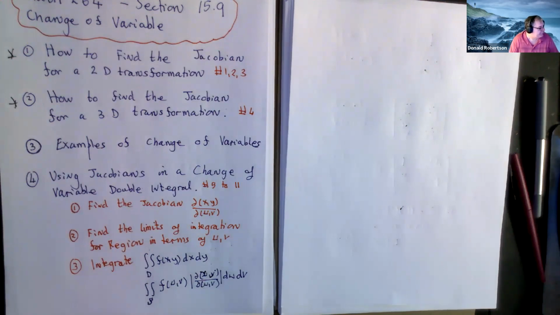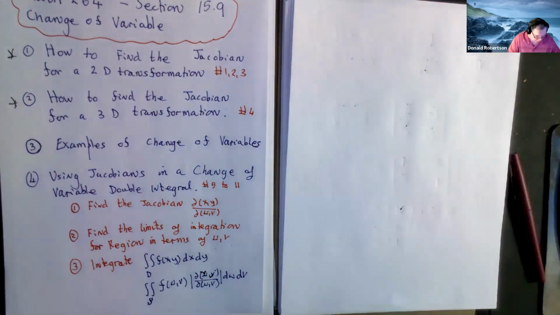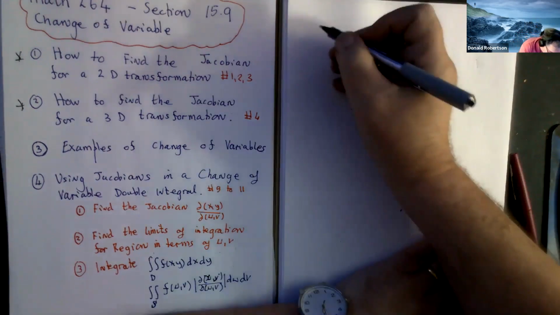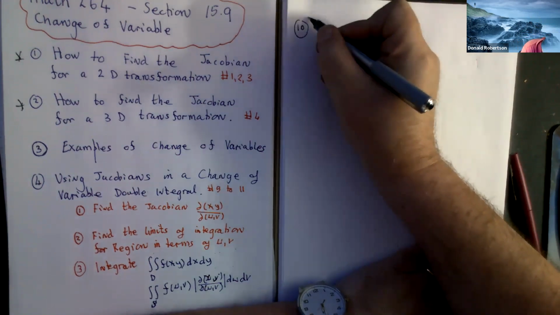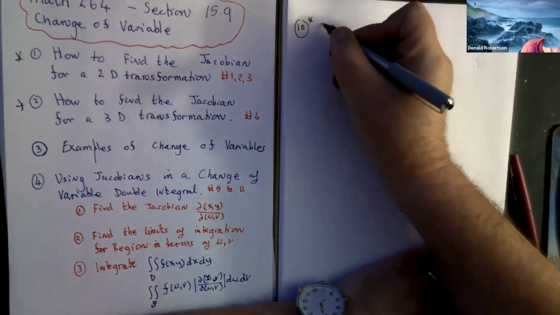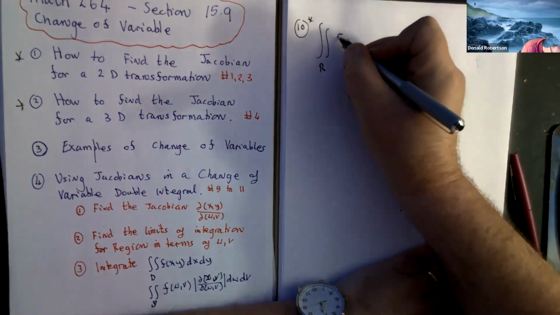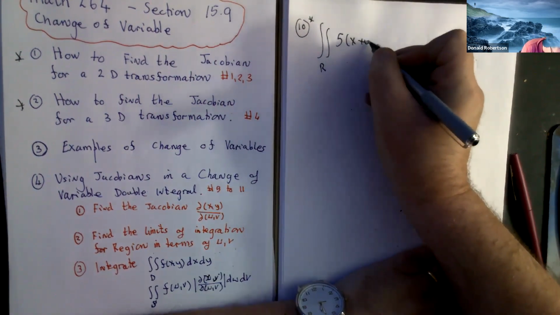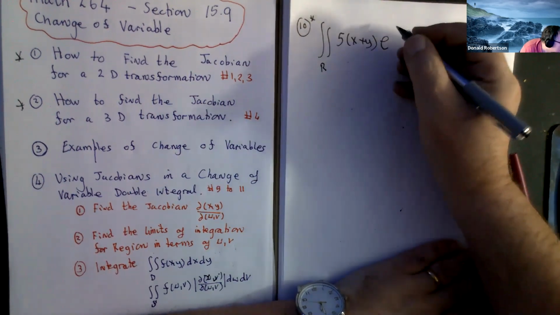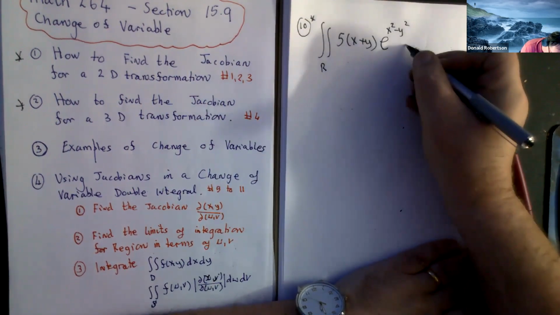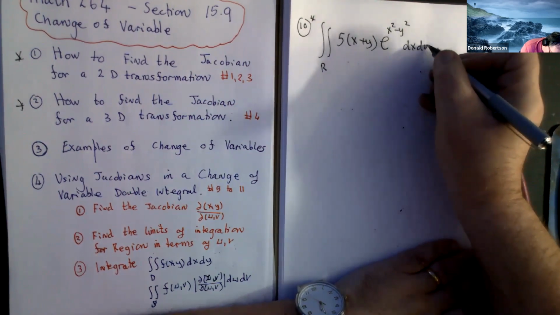Well, we're almost finished. We only have 2 left. Question 10 is pretty much the same as 9, so I'm going to only do about half of this one. The double integral is this: 5x plus y times e to the x squared take away y squared, dx dy.